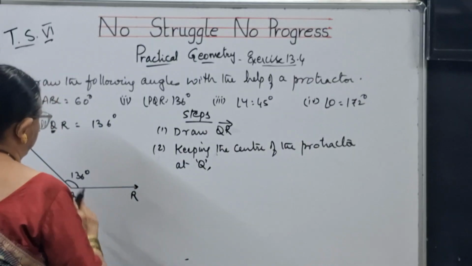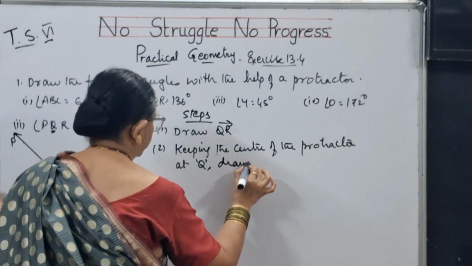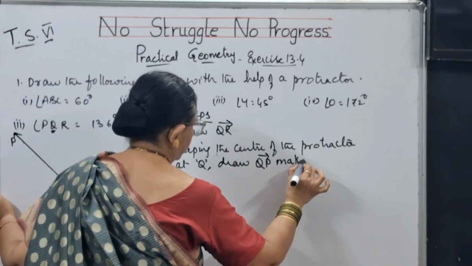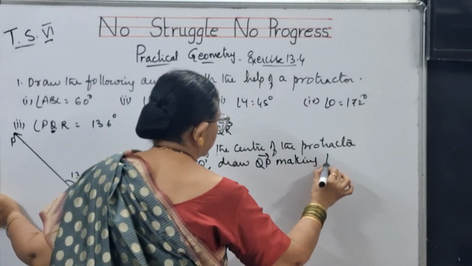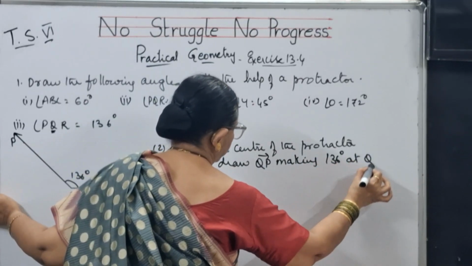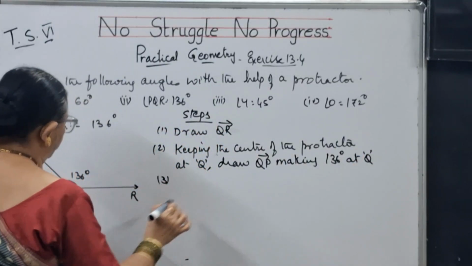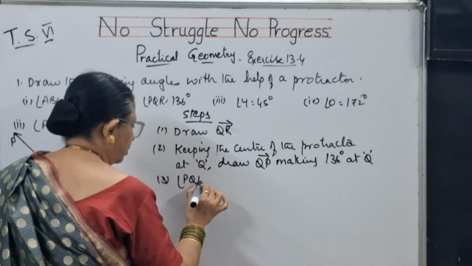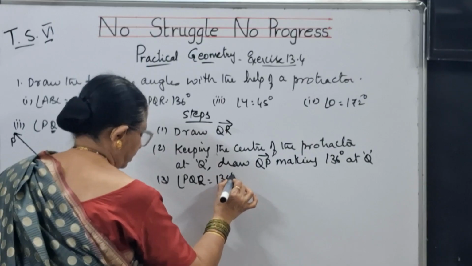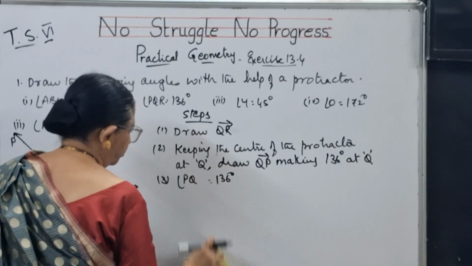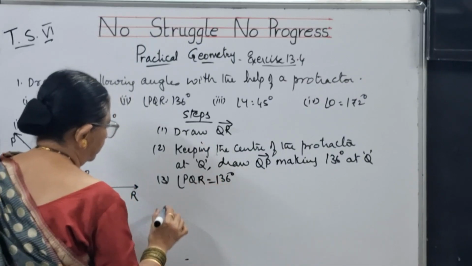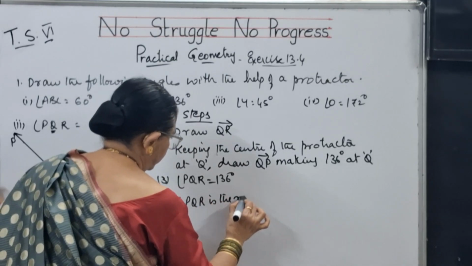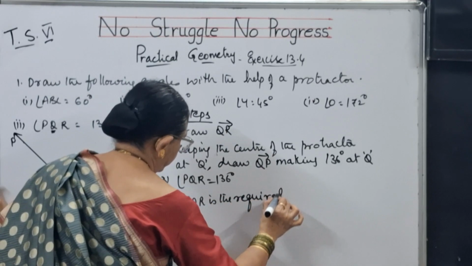Keeping the center of the protractor at Q, draw QP ray making 136 degrees at Q. So angle PQR is equal to 136 degrees. So angle PQR is the required angle.